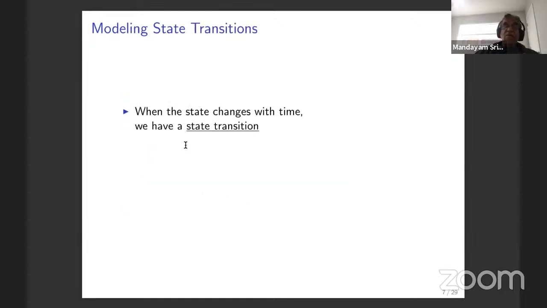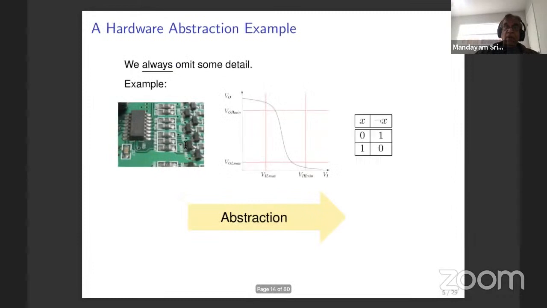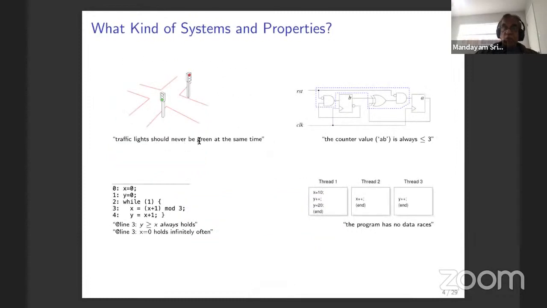And then you have to model state transitions, because of the kind of behavior that I'm talking about here. Traffic lights should never be green at the same time, which means there is already a notion of time, because the state of the system evolves over time. The behavior we want to model is not a static behavior, but dynamic behavior.